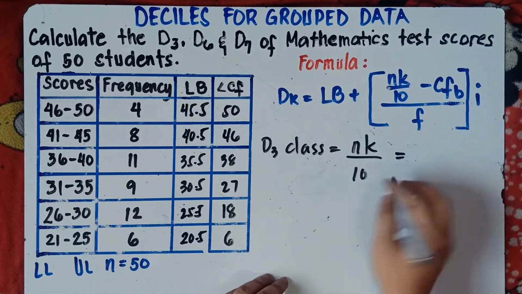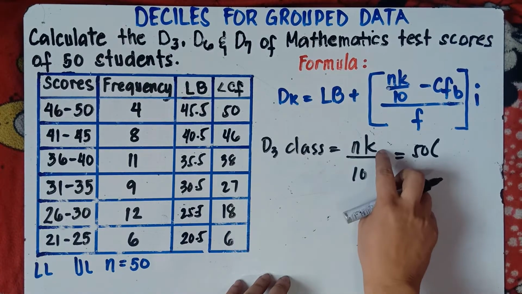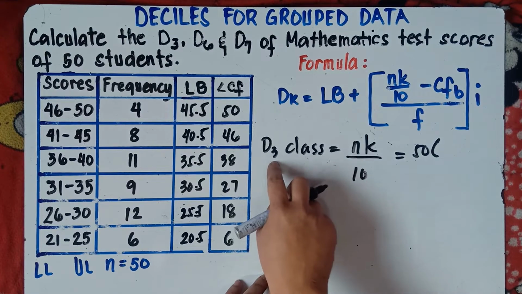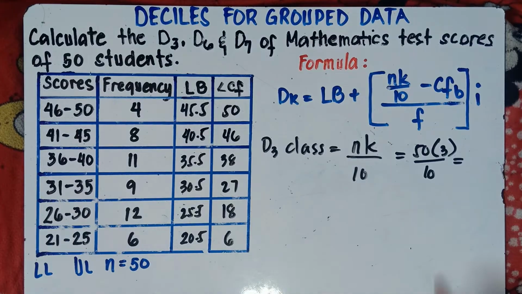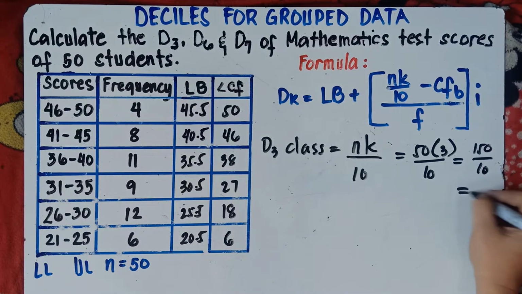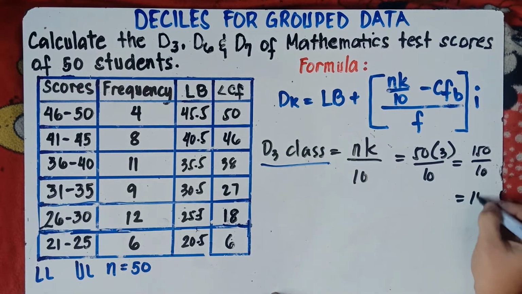Our n is the total number frequency, that is 50, times k, the decile that we're looking for. We're told to find the third decile, so our k is 3 over 10. So, this will be 50 times 3, that's 150, divided by 10. So, 150 divided by 10, what's the answer, class? That's correct, that is 15.